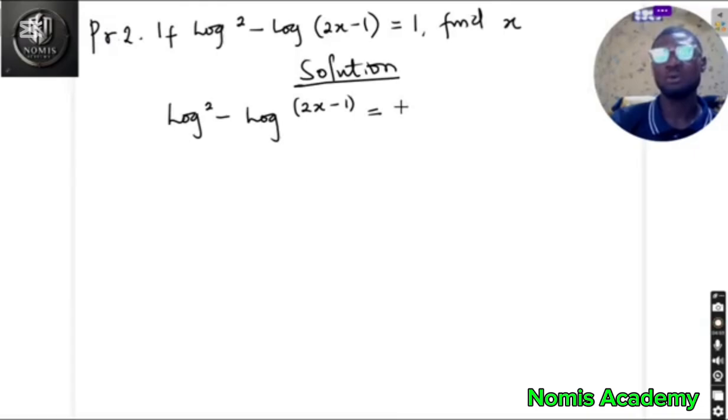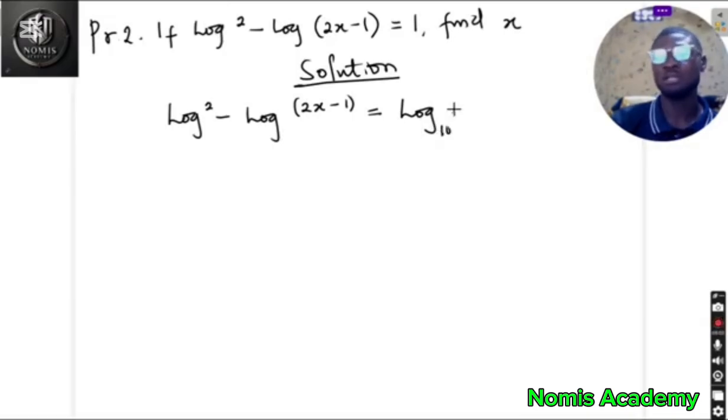So we are going to assume that we have a log here having the same base, but these ones do not have. So we are going to assume a base for all, that is base 10, the standard base for logarithms.